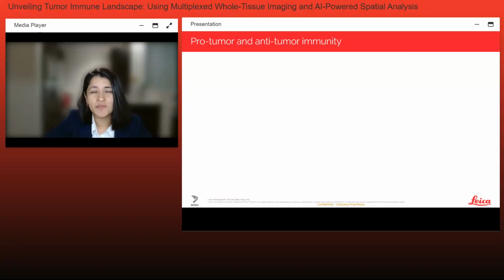It's important to remember that the tumor microenvironment contains numerous distinct immune cell types that can either support anti-tumor immune response, protecting us against tumor cells, or they can have opposing functions and behave as pro-tumoral cells, thus promoting immunosuppression and tumor progression.